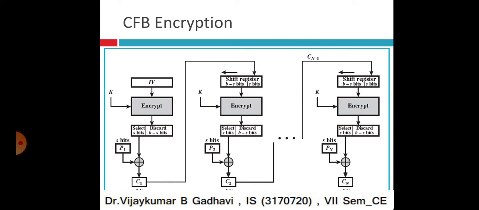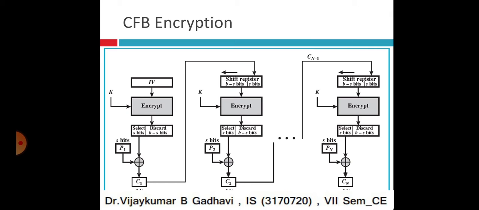Now, CFB encryption techniques. Here we see in the diagram the flow of encryption in CFB. The first step is IV, the initial vector, which is encrypted.